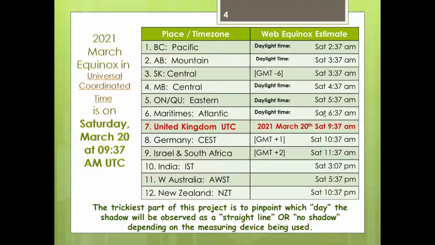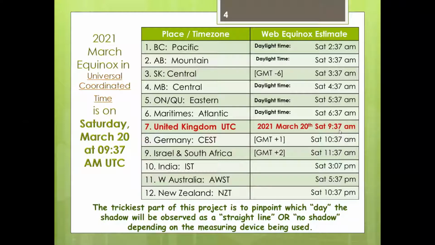So the question here is for United Kingdom, when their equinox moment happens at 9:37. This is the equinox moment where the sun's ecliptic path crisscrosses the celestial equator. But the whole equinox event happens within a full 24-hour period as the sun moves closer and closer and closer to that crossbar, crossing that, and then it moves away.